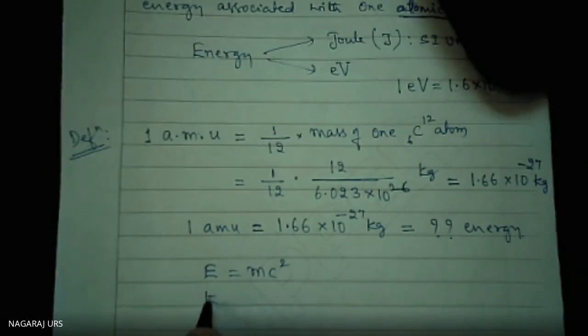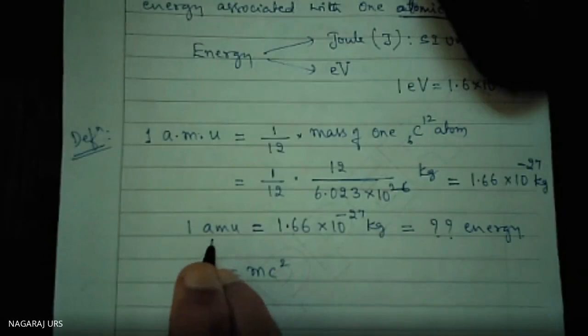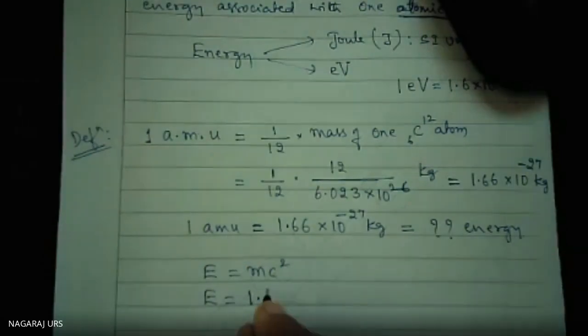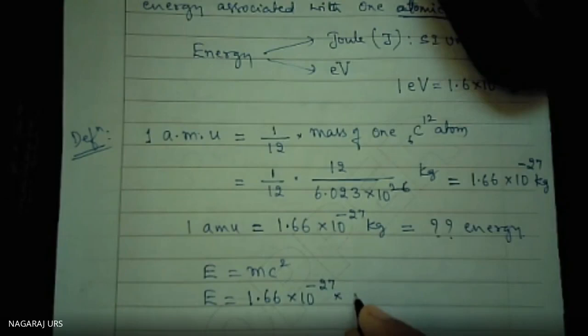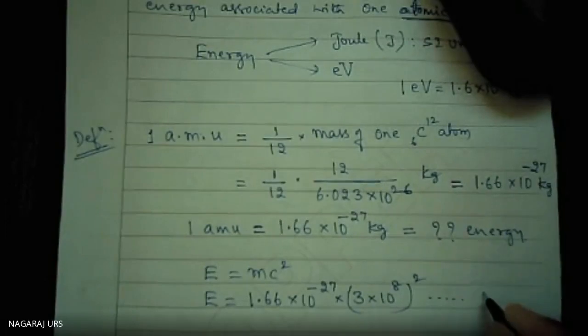Energy is equal to mass, which must be in terms of kg, not 1 AMU: 1.66 into 10 to the power minus 27. The velocity of light is the known thing. You will get the answer in terms of joules.